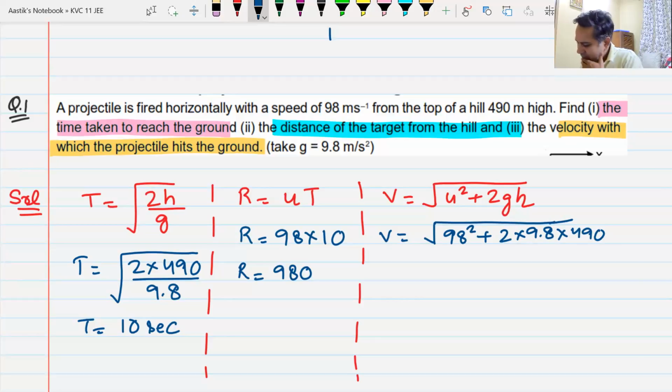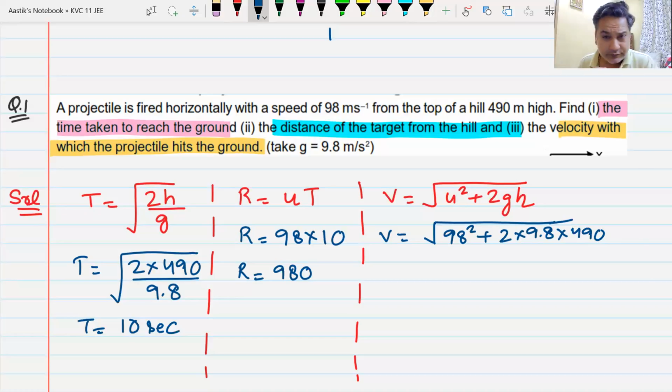I'm doing it correctly, no? u square plus 2gh. So what is the answer you are getting? It looks like a complicated solution, but it is not so complicated if you see it.